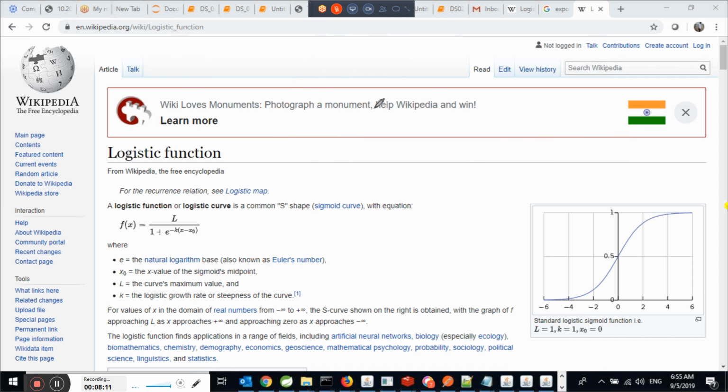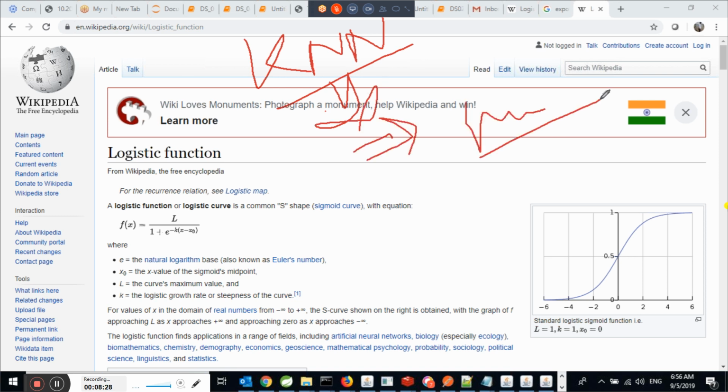Earlier we learned the KNN, k nearest neighbors algorithm. In this KNN, all the distances were computed through the Minkowski distance.